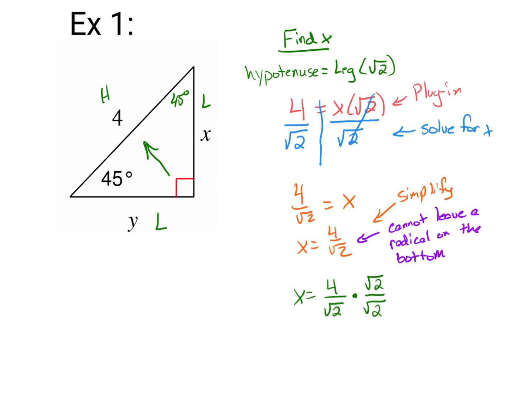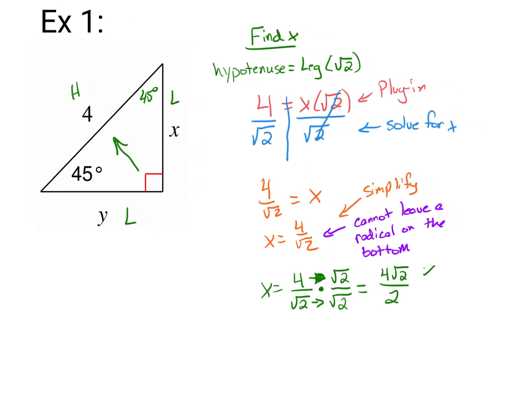So let's multiply. And remember, when you multiply, you go straight across. So it's 4 times square root 2. Can't combine them, so we're just going to put them next to each other. Now, square root 2 times square root 2, we've already talked about, just gives us 2.